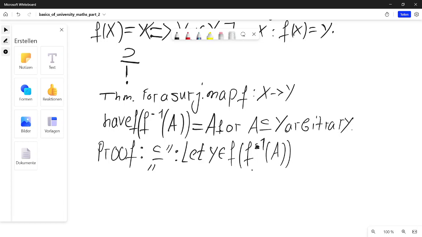And here that held for general maps, right? But let's recapitulate that. As I said, let y be an element of f of f minus 1 of A.